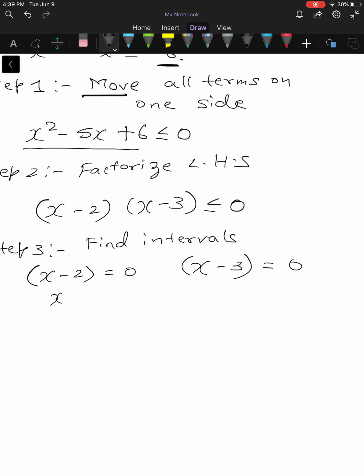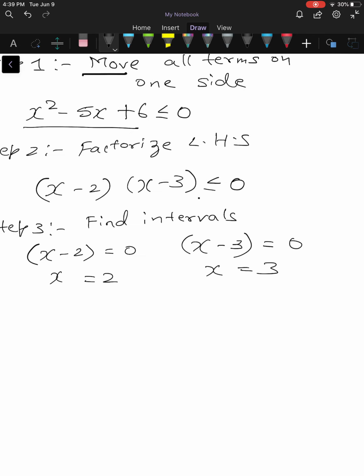So in this case, x can take 2 and x can take 3. It is not like I am considering the equals 0 here. It will be done even if there is a strict less than sign or strict greater than sign. You have to equate the factors to 0 and find out what values x can take.